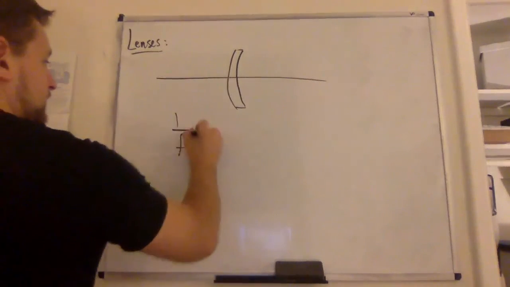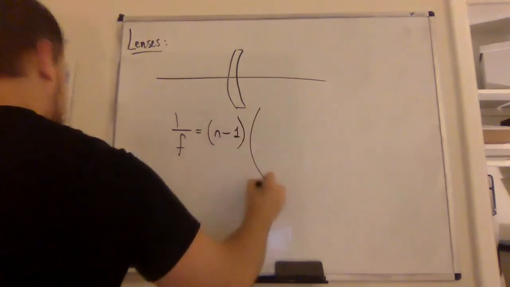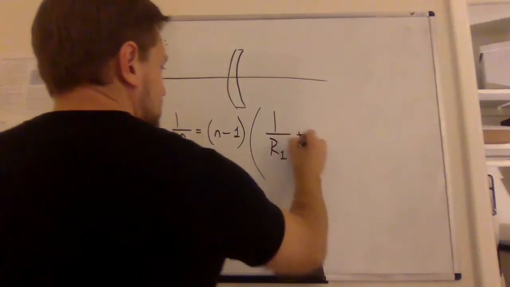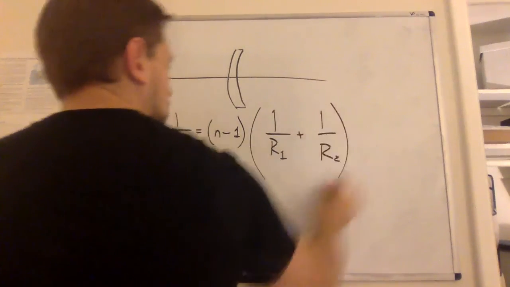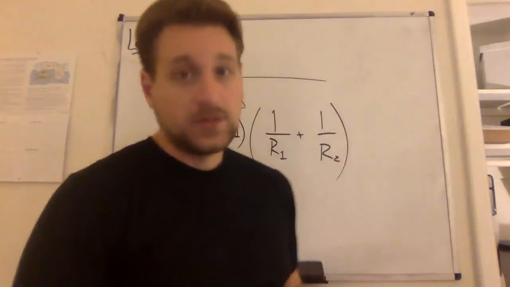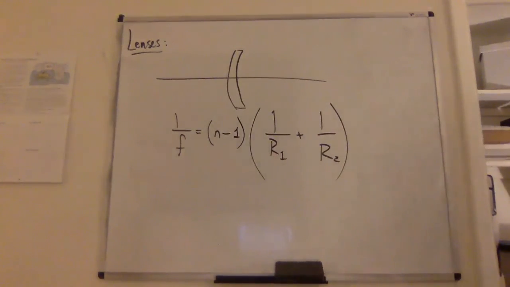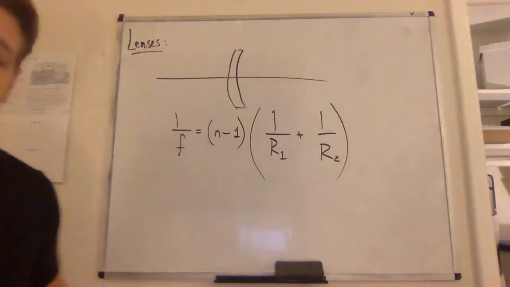One over F equals n minus 1 times 1 over R1 plus 1 over R2. And again, this is just geometry. If you want to prove it, we can. I'm kind of approaching it from a let's-not-say-we-did standpoint at this point. But if you want to, let me know.